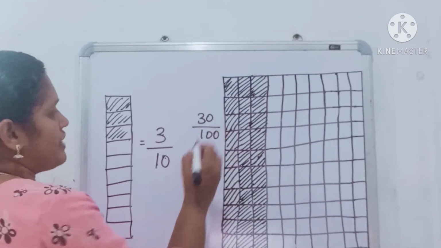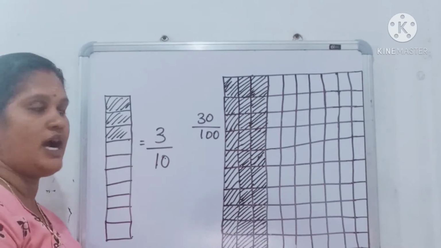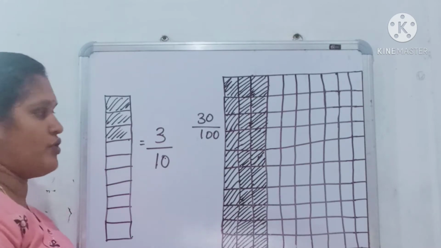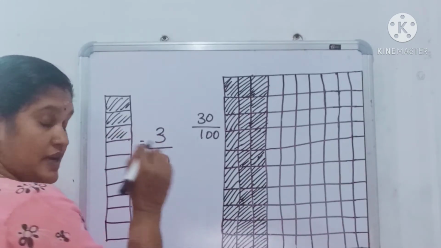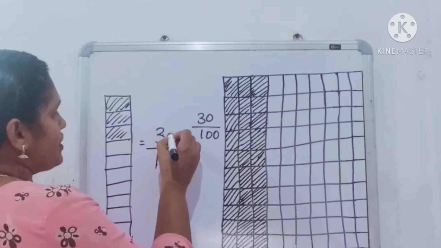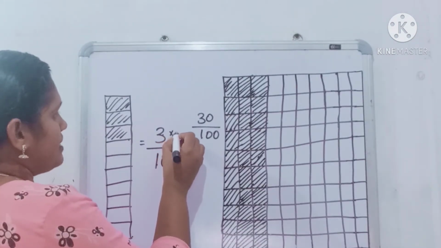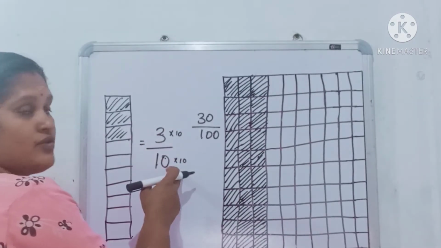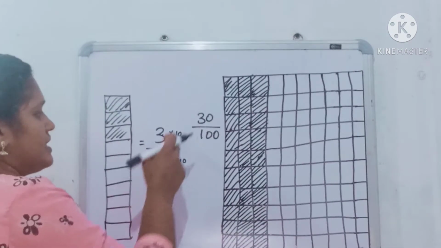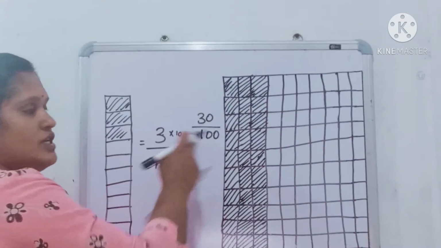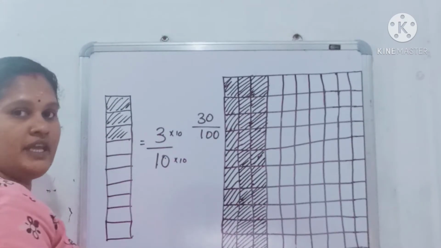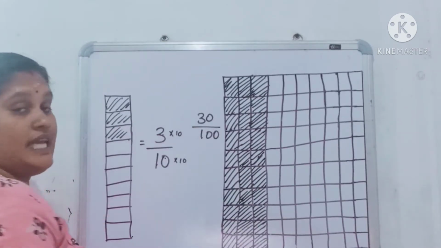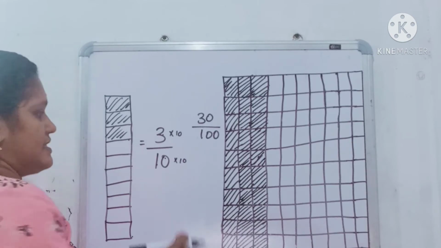So the decimal fraction is 30 by 100. 3 by 10 and 30 by 100 are corresponding decimal fractions. Here, when we multiply by 10 and by 10, this is an equivalent fraction of 3 by 10. That means 30 by 100. These two fractions are corresponding fractions. They are called equivalent decimals.